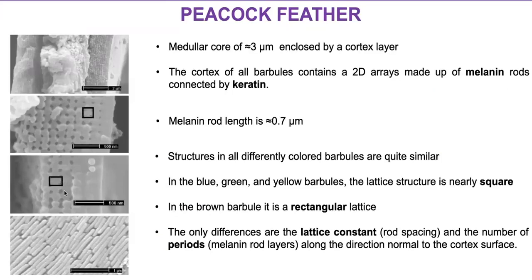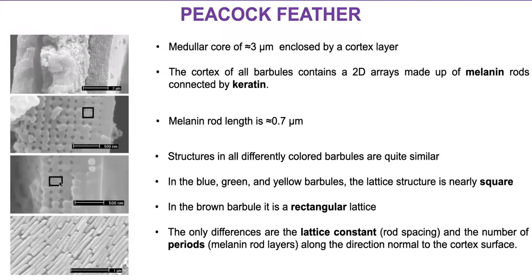So it's exactly the same material, and the only difference is the lattice and the way they are arranged. That can generate different colors. These rods are made up of melanin, but they are interconnected using keratin.